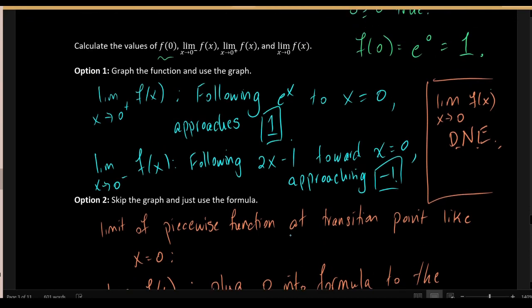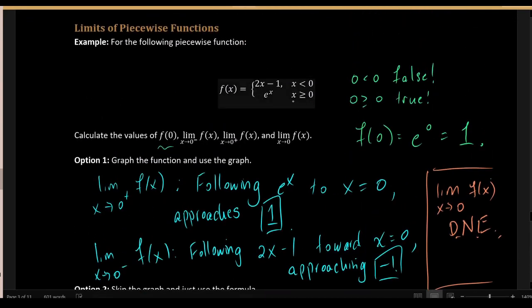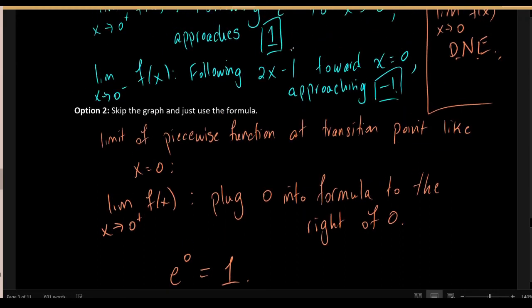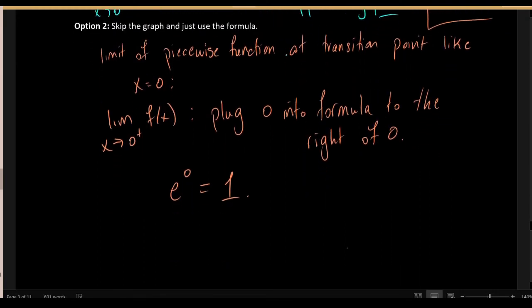So in this example, the function that covered all the x's larger than 0 was given by e to the x. So the right-hand limit could be found by plugging 0 into e to the x.